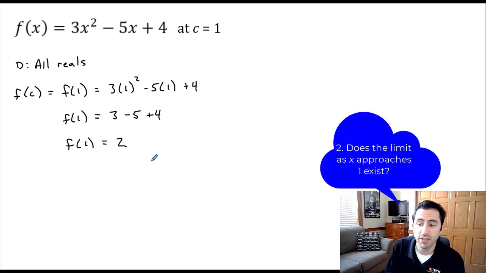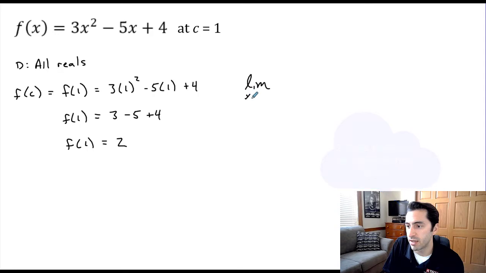The second piece of the definition is that the limit has to exist. So we need to take a look at the limit as x approaches 1. And as I said, our function is a polynomial. So that means to evaluate the limit, I can do that with some substitution.